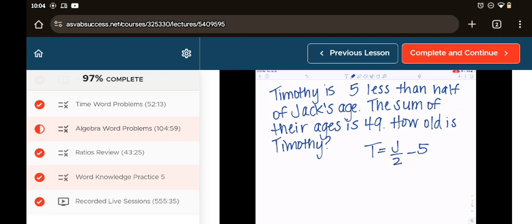The second thing, Timothy's and Jack's age equals 49. So Timothy plus Jack equals 49. How old is Timothy? Just let me know when you've worked it out or when you're ready.